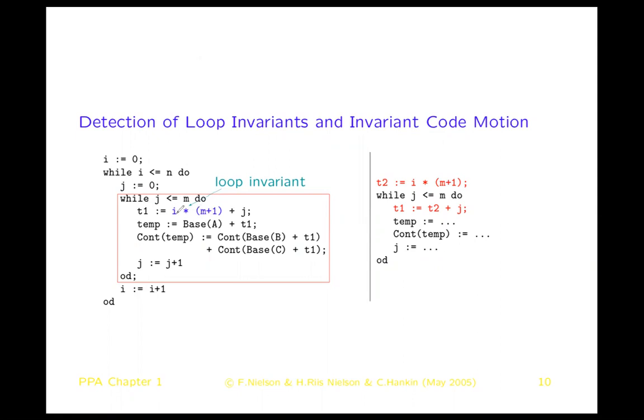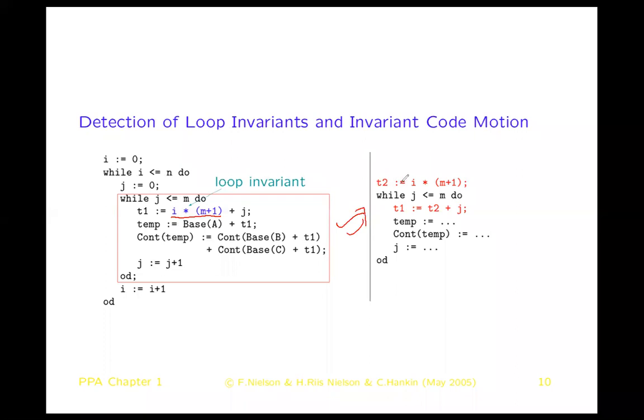So the subexpression i star m plus 1 is loop invariant. So we can move this computation, which doesn't change across loop iterations, out of the loop. This is the transformed code.